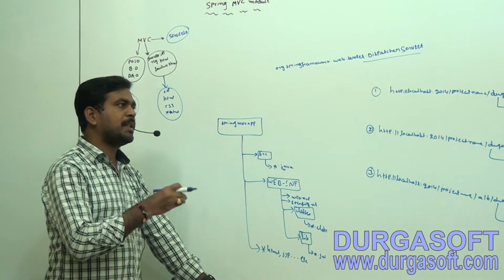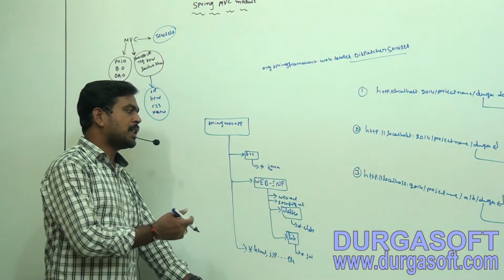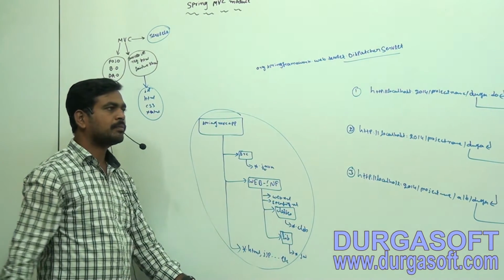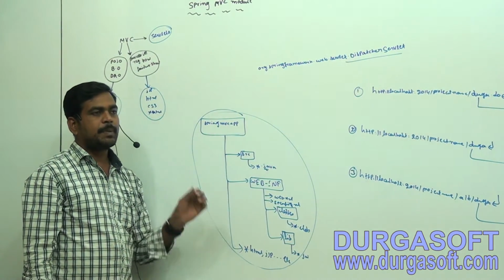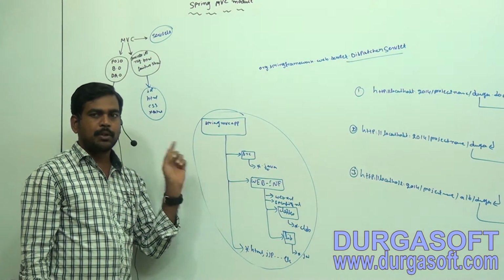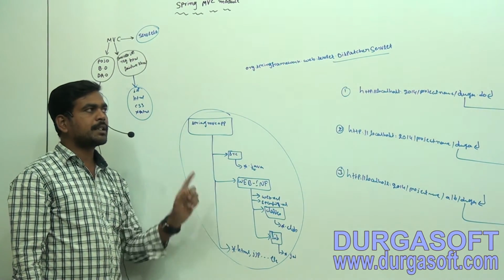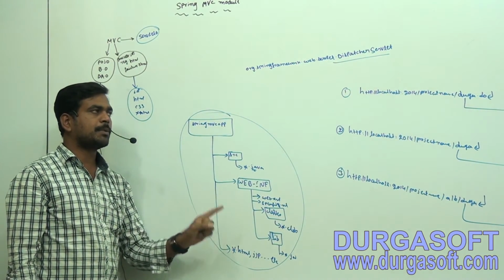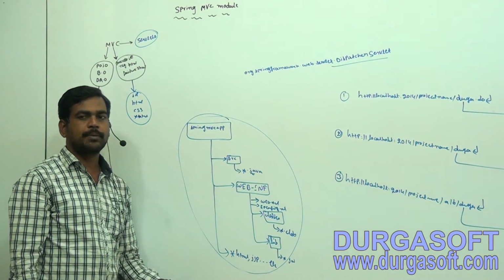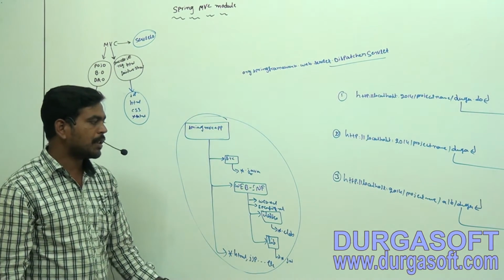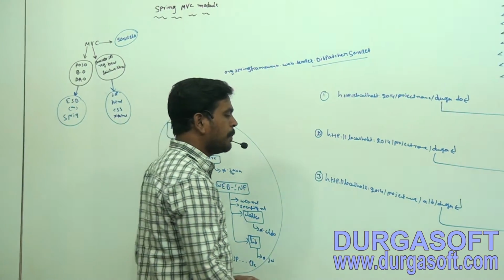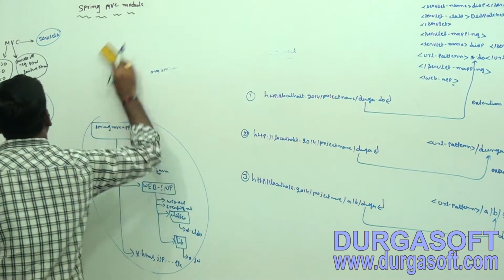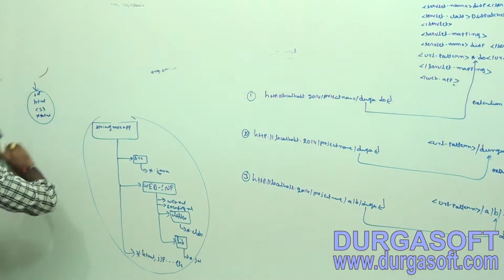This is a web application. Who is responsible to load that configuration file? The dispatcher servlet is responsible. The dispatcher servlet is the front controller, and that controller is responsible to load the configuration file. Whatever configuration file we develop, that configuration file is going to be loaded by the dispatcher servlet.